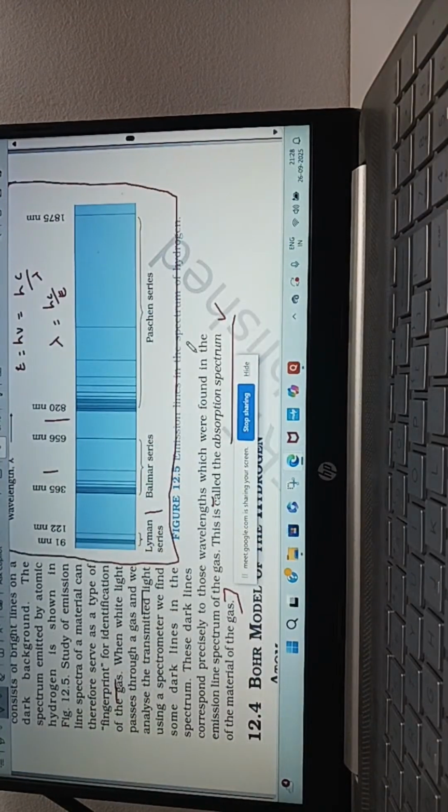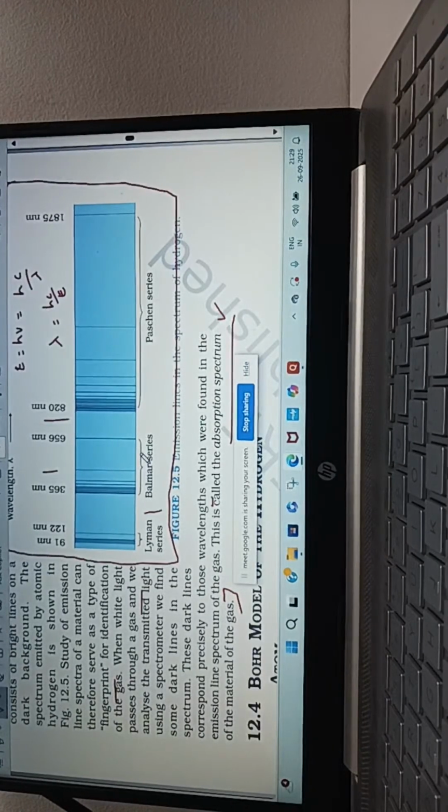And absorption spectrum means when, in a certain gas, you send the light, there will be missing atomic wavelengths. That will help you to identify what type of gas. You can easily find.